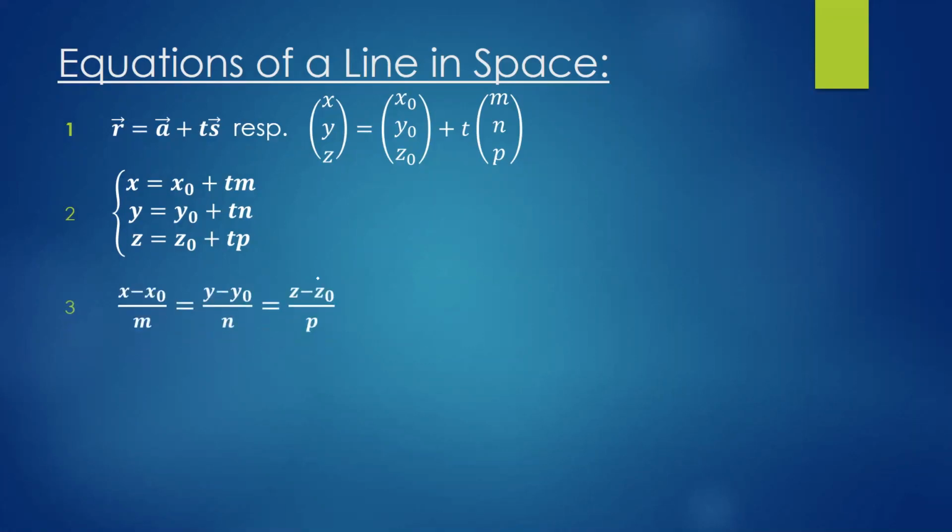Then we had the canonical equations. The canonical equations again use the same values, the same numbers. So if you just remember which number goes where and what each number means, you will be able to write whichever of these three types of equations is necessary. We use them depending on the situation.